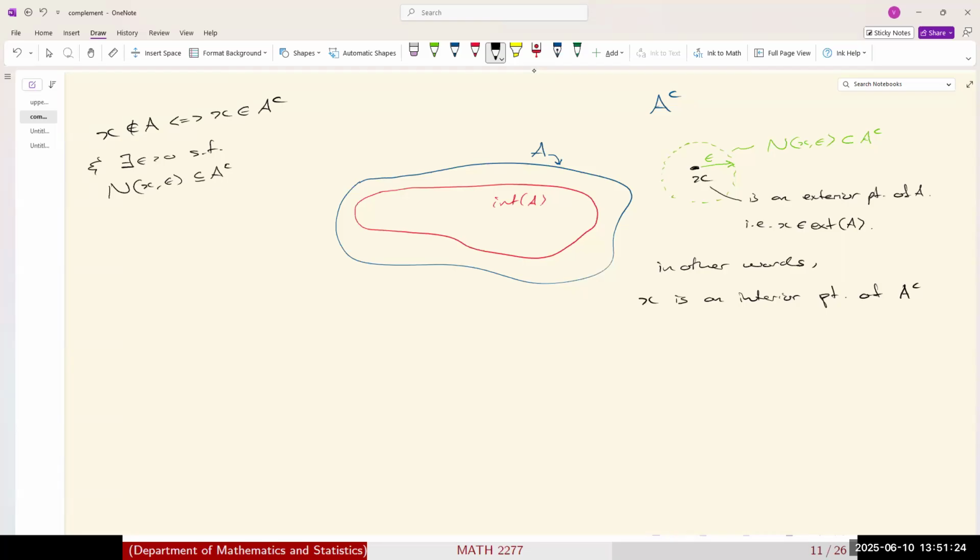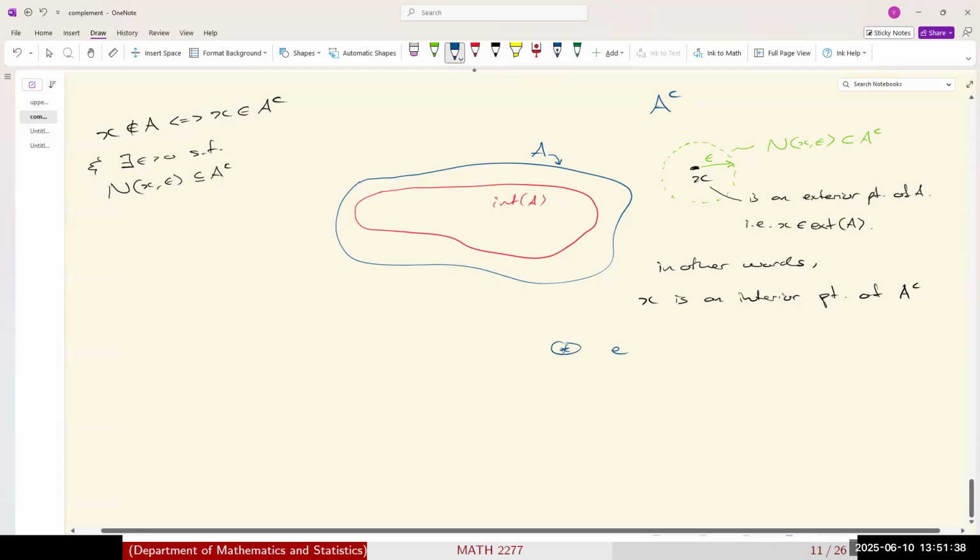A is a set, A complement is a set. The interior points of the complement is what is called the exterior. So I'll put here: the exterior of a set is the same thing as the interior of the complement. Okay.